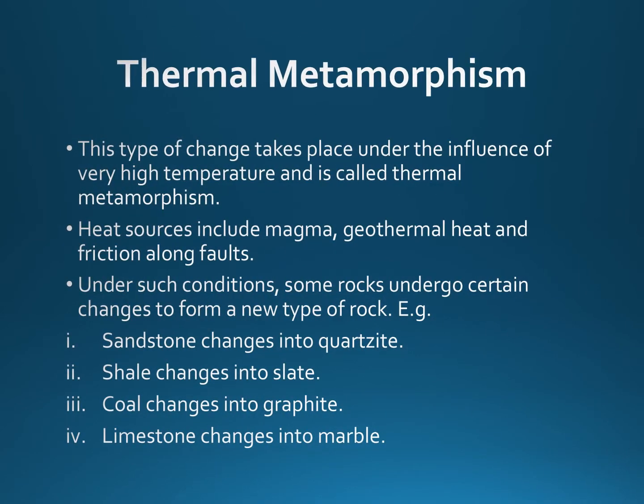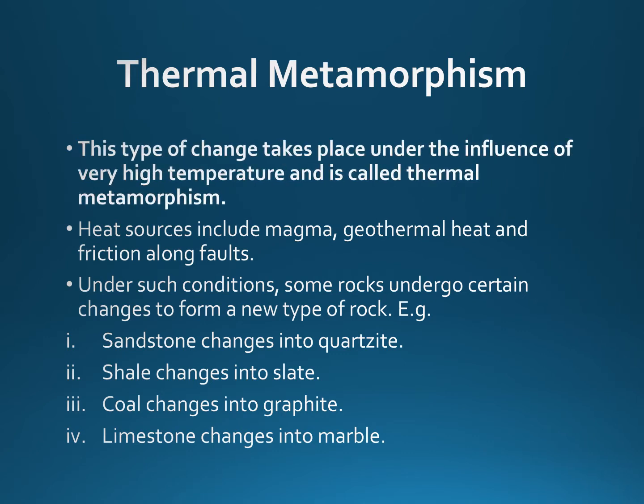Thermal metamorphism. This type of change takes place under the influence of very high temperature and is called thermal metamorphism. Heat sources include magma, geothermal heat, and friction along faults.